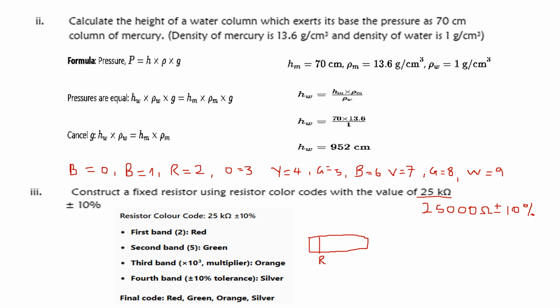The second is a 5. That means it's green. It means use the exact color. So we have red, green.